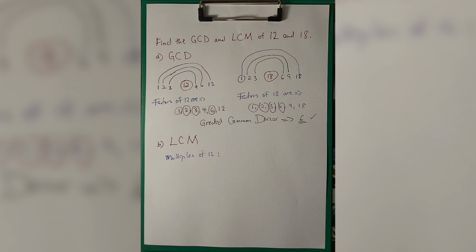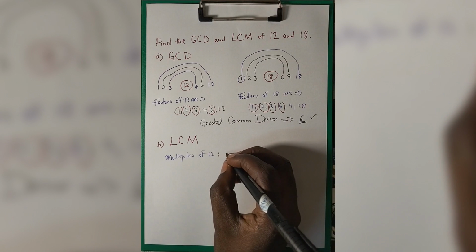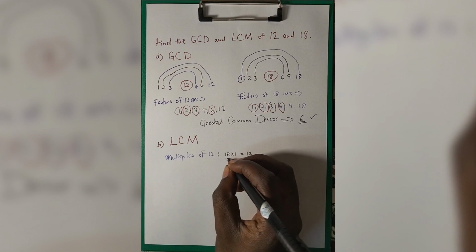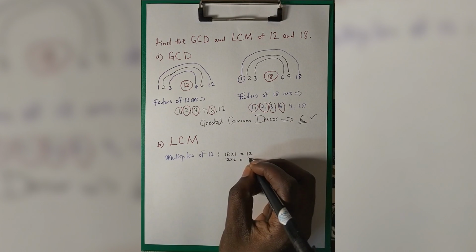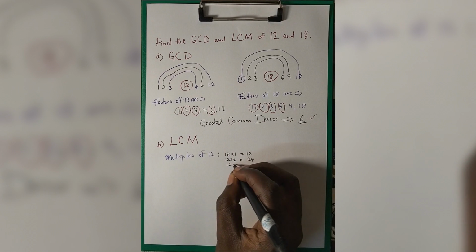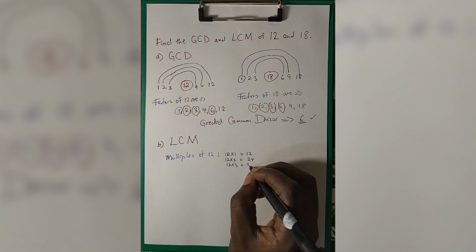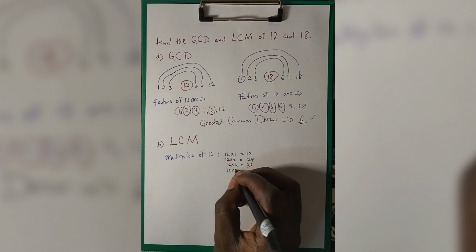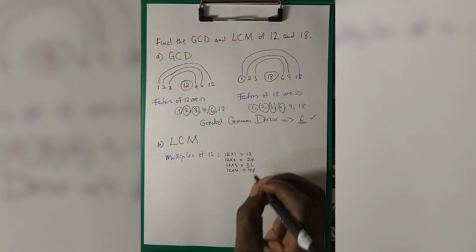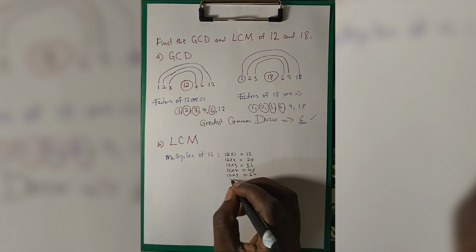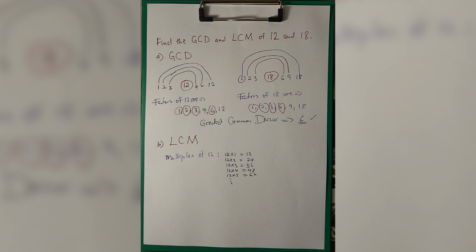We have 12 times 1 is 12. 12 times 2, 24. 12 times 3, how much? 36. 12 times 4, 48. 12 times 5, 60. The multiples keep going and going. We just want the list.